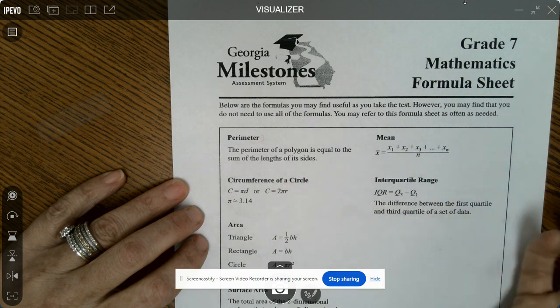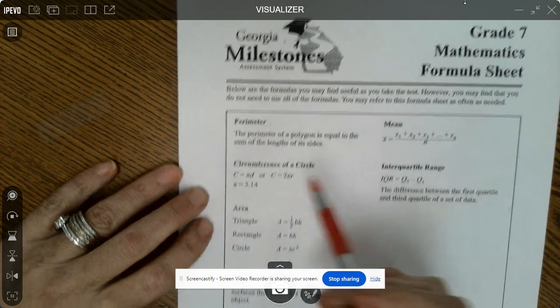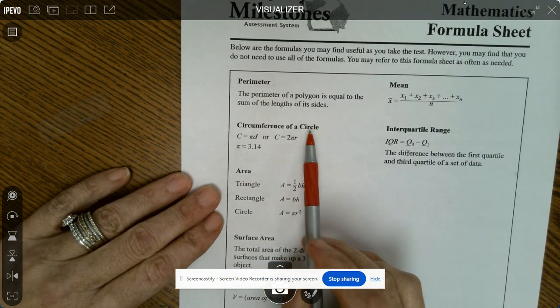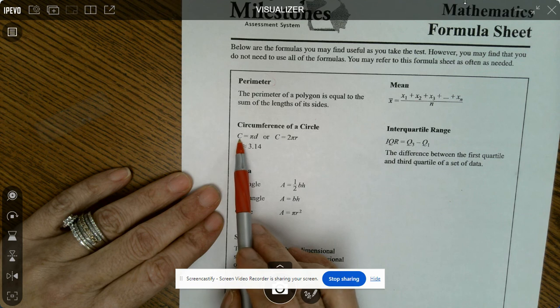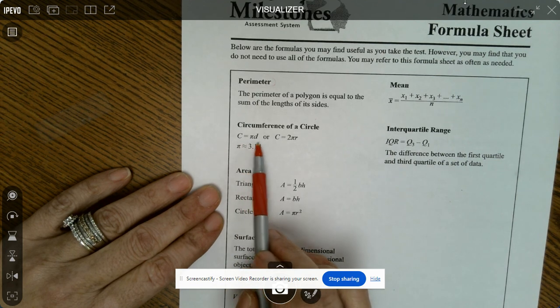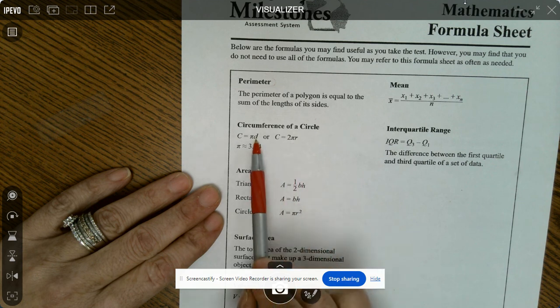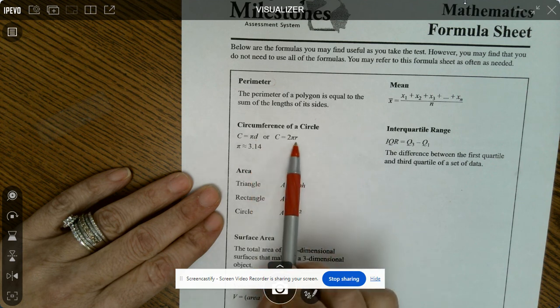For a circle, make sure you're familiar with it. Here it tells you the circumference is pi d, or 2 pi r. Remember, the d is for diameter and the r is for radius, and the radius is always 1/2 of the diameter.